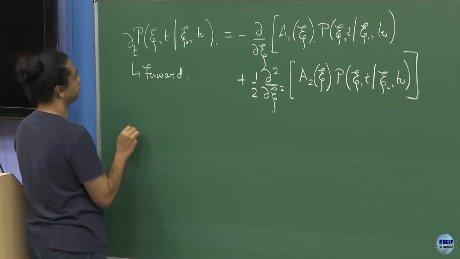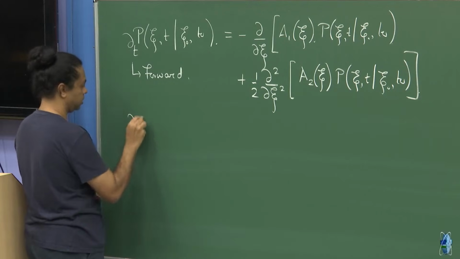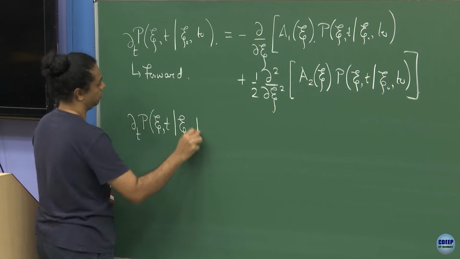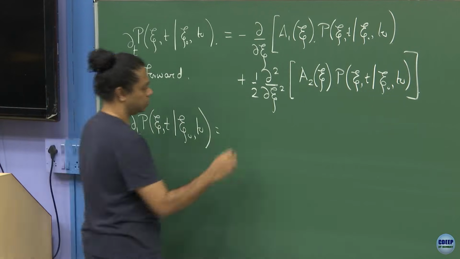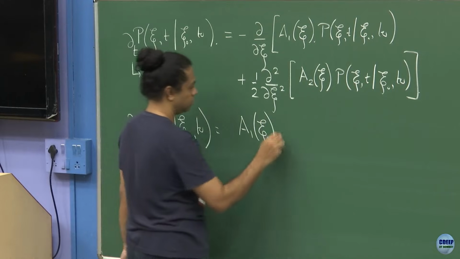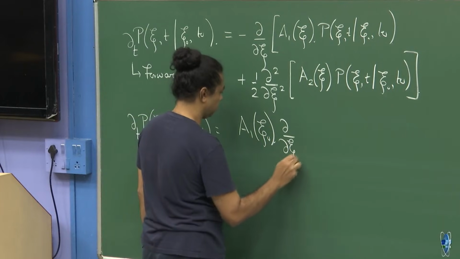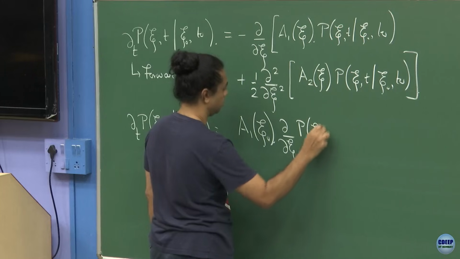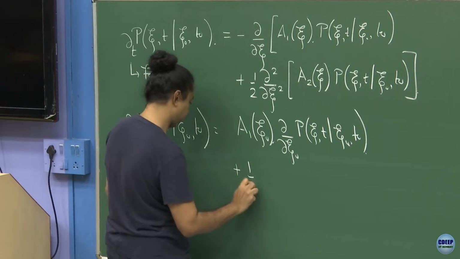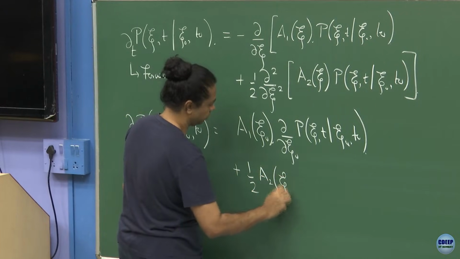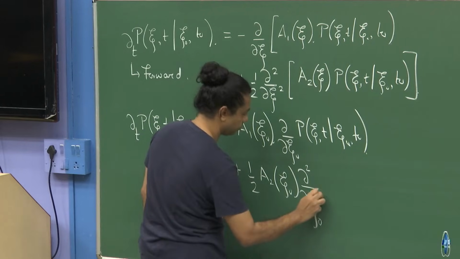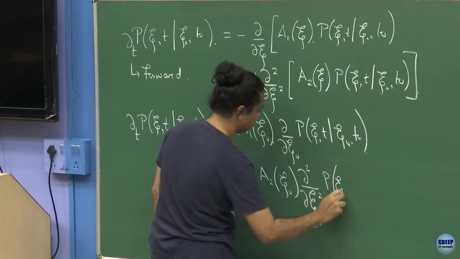or I could write it in terms of the backward, del t P of xi comma t given psi naught at t naught is A1 of xi naught del xi naught P of xi t psi naught t naught plus half A2 of xi naught del xi naught whole square P of xi t.